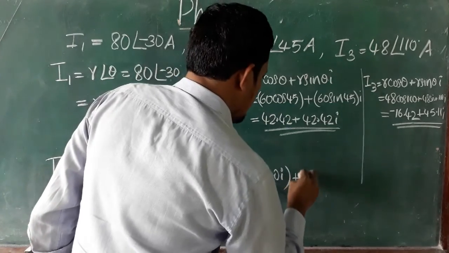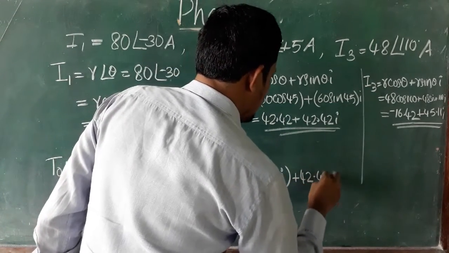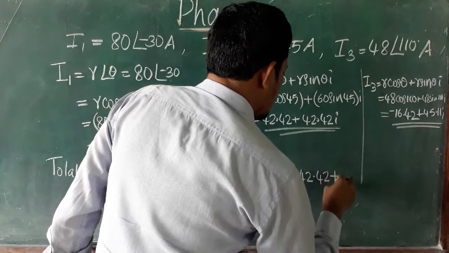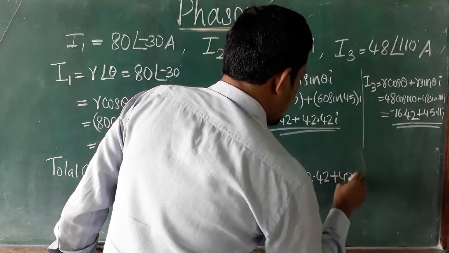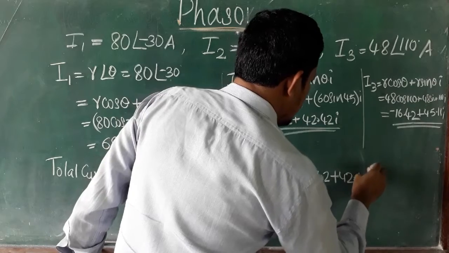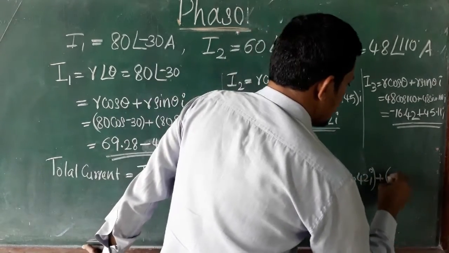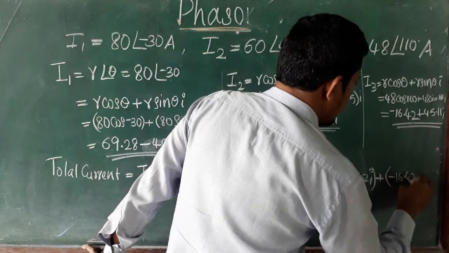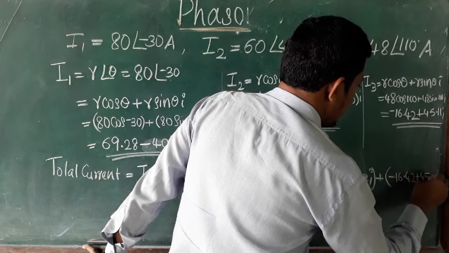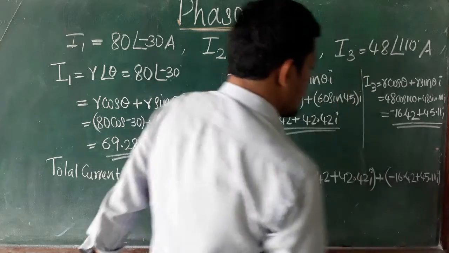plus 42.42 plus 42.42 i, plus minus 16.42 plus 45.11 i. Clear?